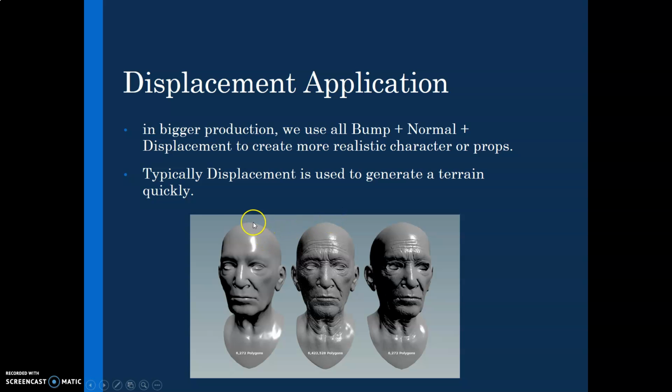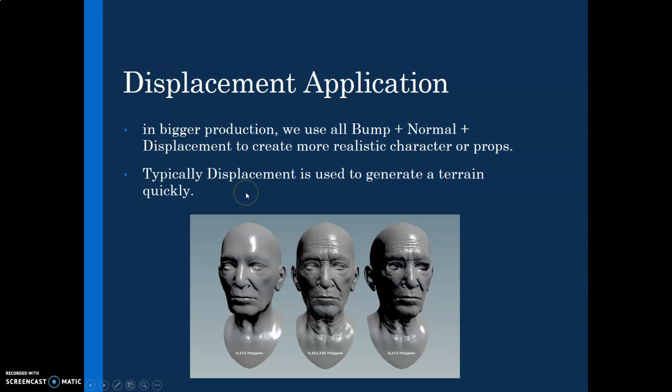So just using this as a base mesh, and you put the bump, the normal, and displacement, you can generate a very detailed result very quickly. Most of the time the displacement is also used to generate a terrain. Okay, so in the next video I'm going to show you how to put the displacement into place.